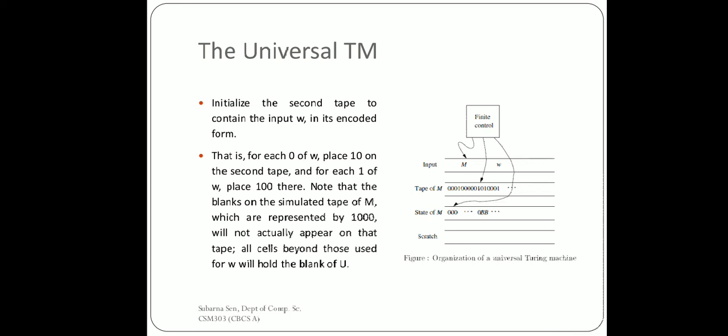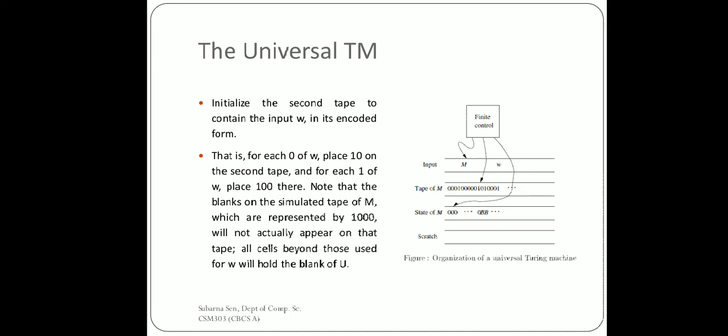We will write it as 1 0, with a 1 beforehand. If you remember the binary representation, we used to represent it with 1 followed by W, right? 1 followed by W. So since only 0 is there, it will be 1 0, right?